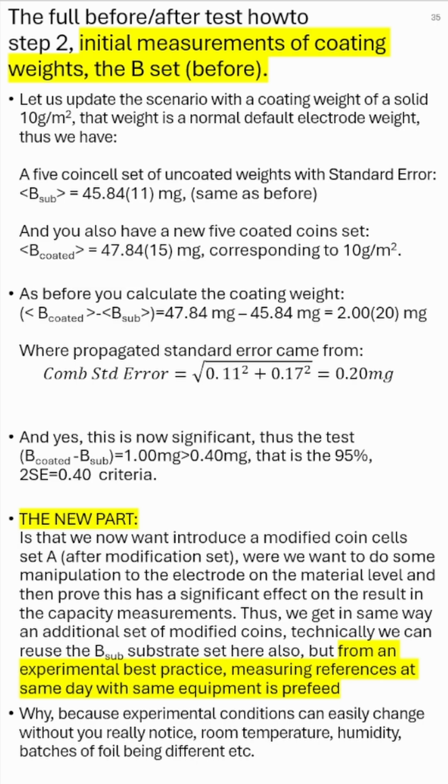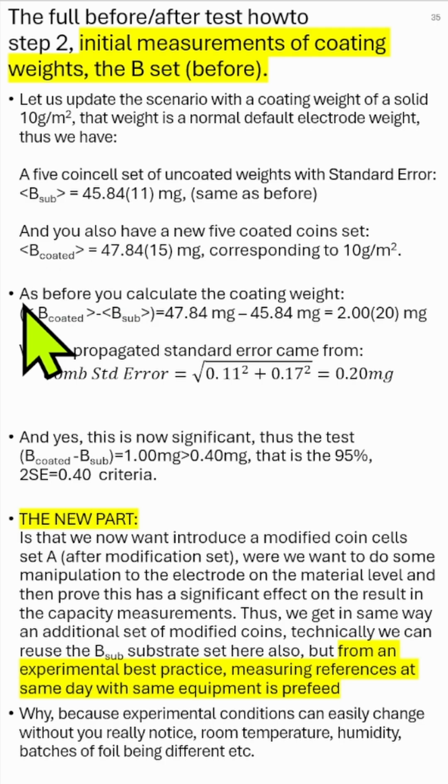We still have our substrate set, the clean copper coins, 45.84 milligram with standard error 0.11 milligram. We use the same numbers as before. And then we have a new 5 coated coin set. The B coated mean value becomes 47.84 milligram in this case, standard error 0.15 milligram. This corresponds to 10 gram per square meter.